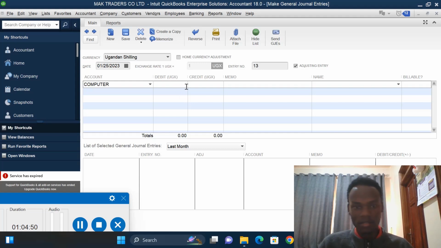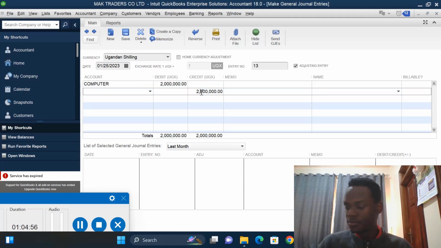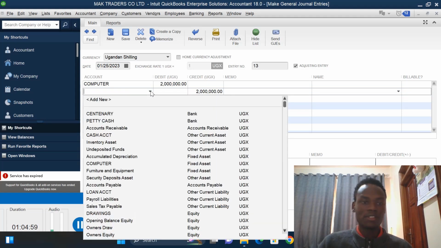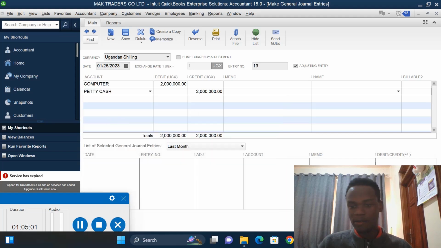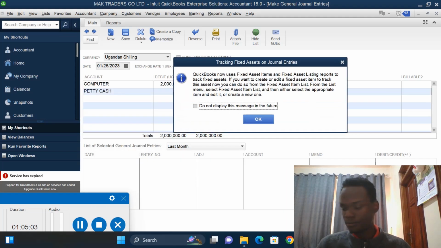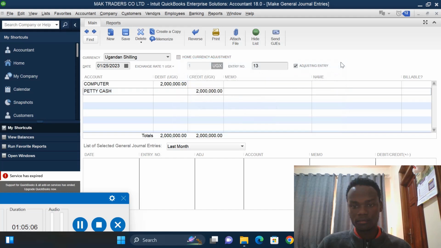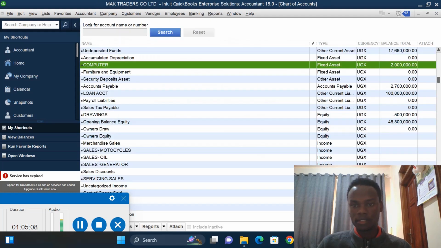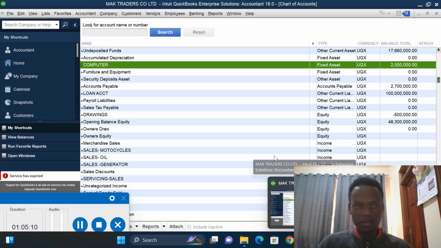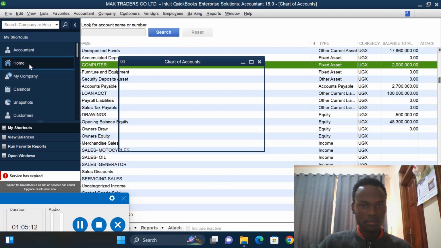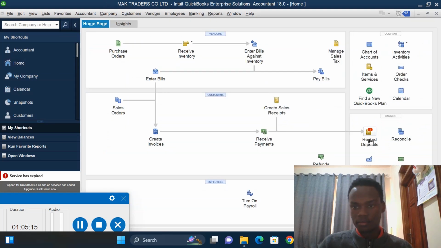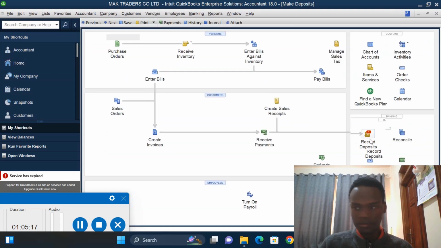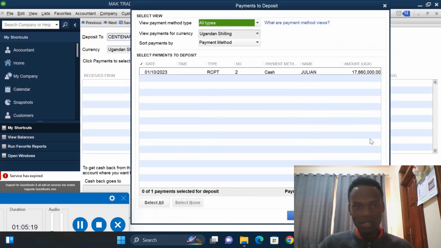So we shall debit the computer account by 2 million. We shall credit the petty cash by 2 million. So that is it. We're basically done with our transactions.